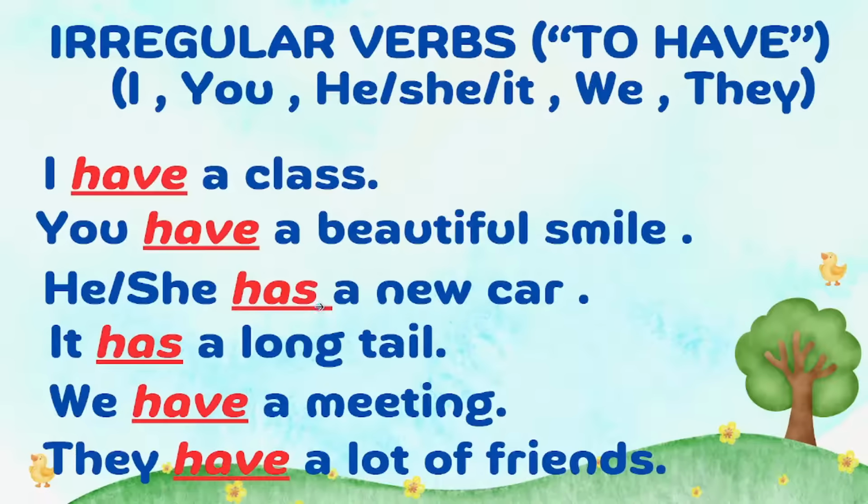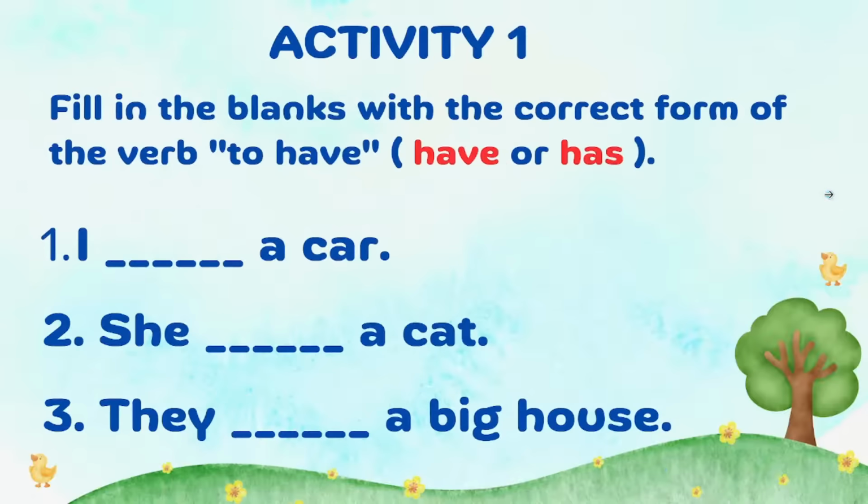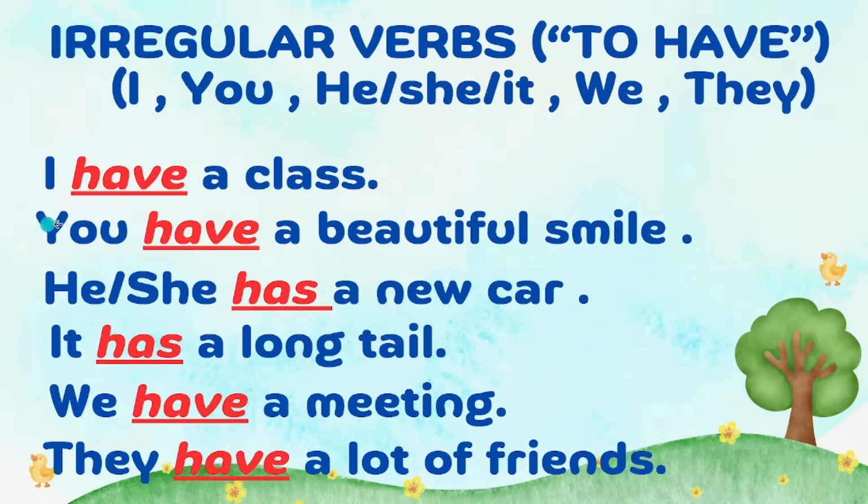Okay? Let's take more examples. Let's check. It's activity right away. Do I need to clarify more for this one, everyone? Again, for the I, you, we, and they, use have.